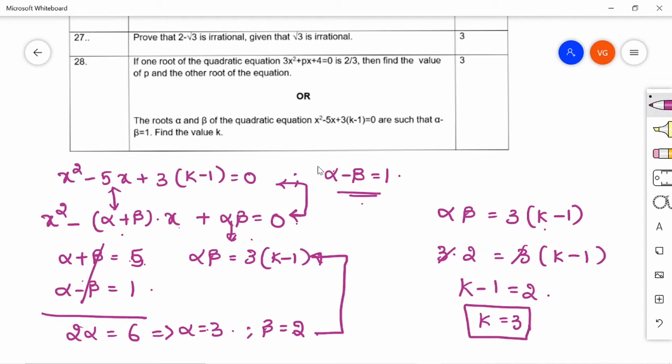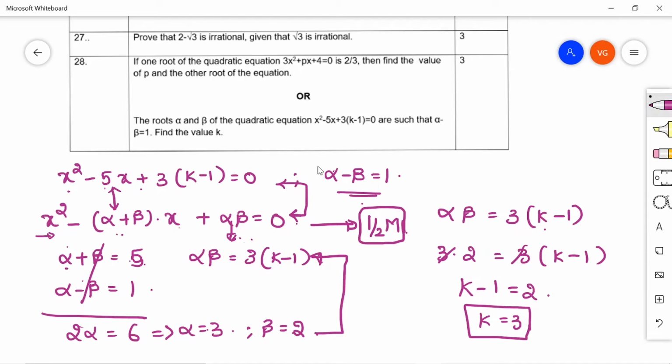Right? This is also again a very simple question. So just read the question twice. Try to understand what they have given and how we can solve this question. See, here I have just compared the given equation with this form, right? Now, coming to the marking criteria, if you are writing the formula, you will get half mark.